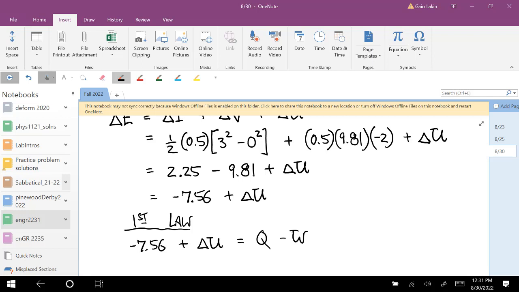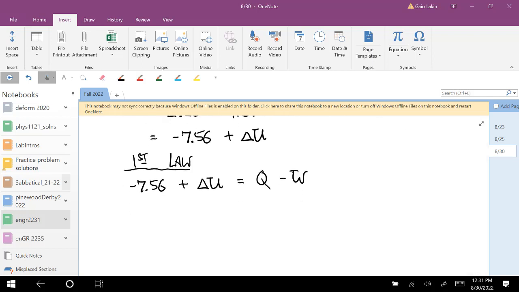It says 50 joules of heat is added to the system. So if heat is added to the system, is that positive or negative Q? Positive Q, yep. So negative 7.56 plus delta U is equal to positive 50.